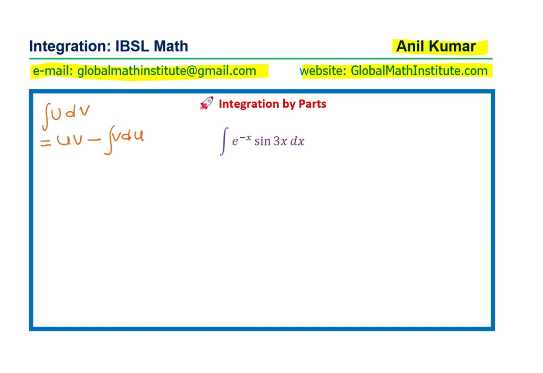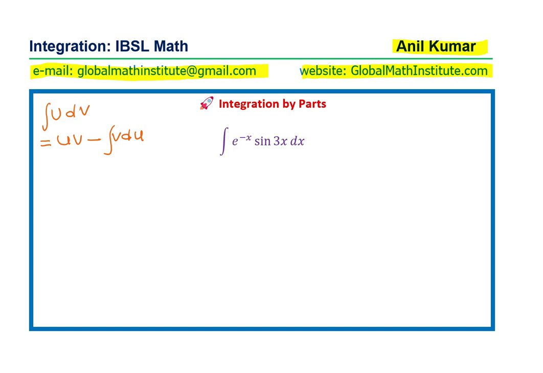You will notice that one function repeats its derivative after one more derivative. Sine 3x, for example, gives cos 3x, which then gives sine 3x with a sign change. So we might run into multiple applications of integration by parts, and that is what we learn in this particular case.